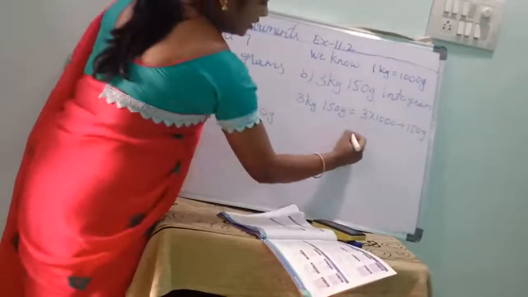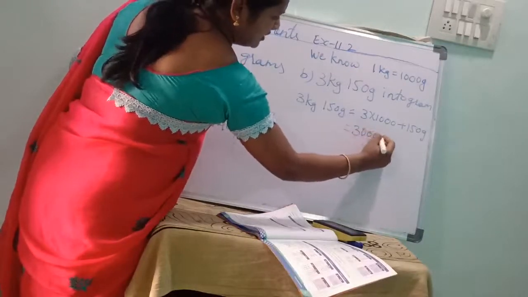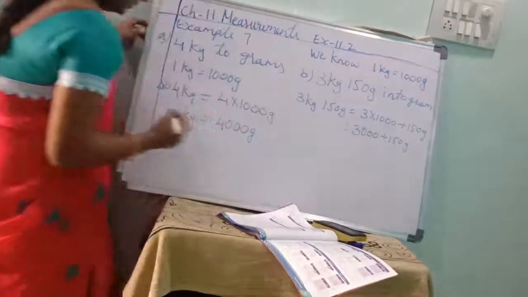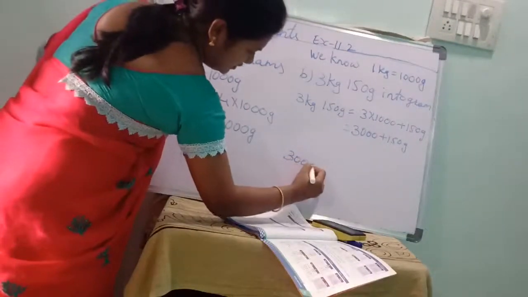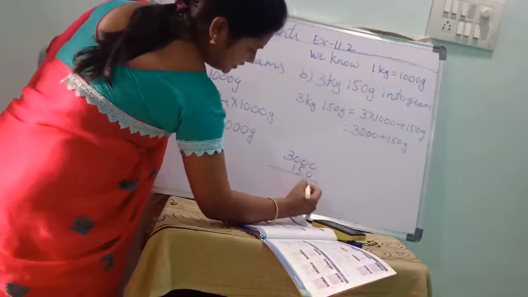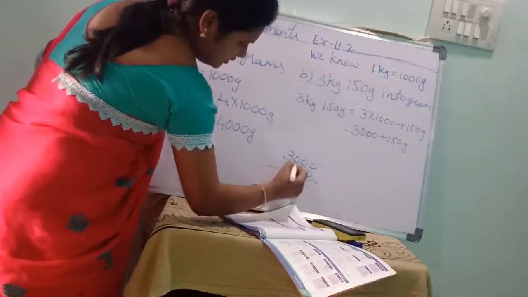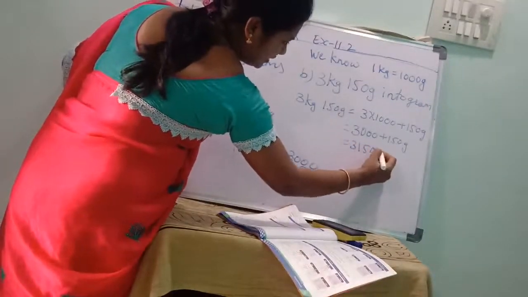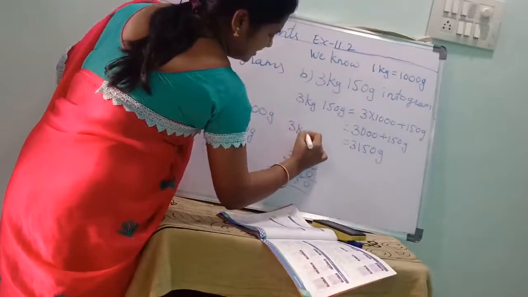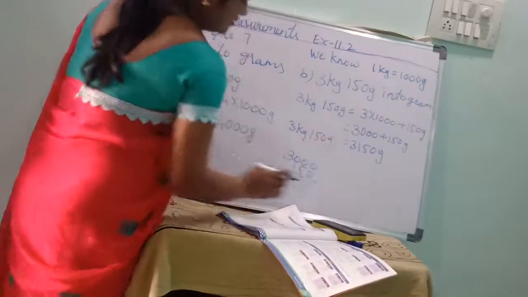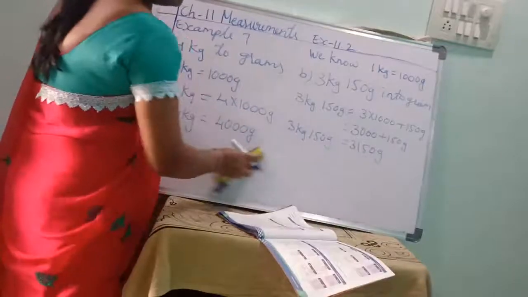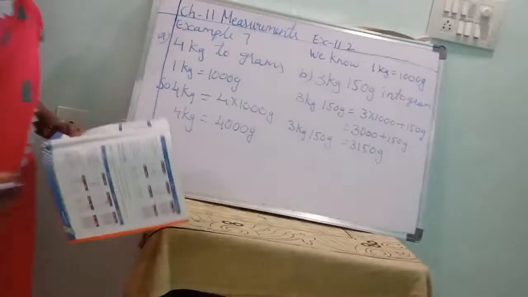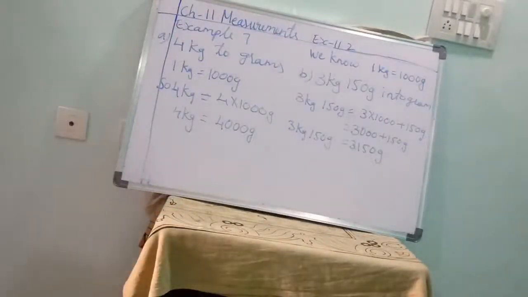Yes or no? Now 3000 plus 150 grams. What is it? See, 3150. 3 kgs 150 grams is 3150 grams. Understood, children? Write in the classwork, ma. These all you should write in the classwork.